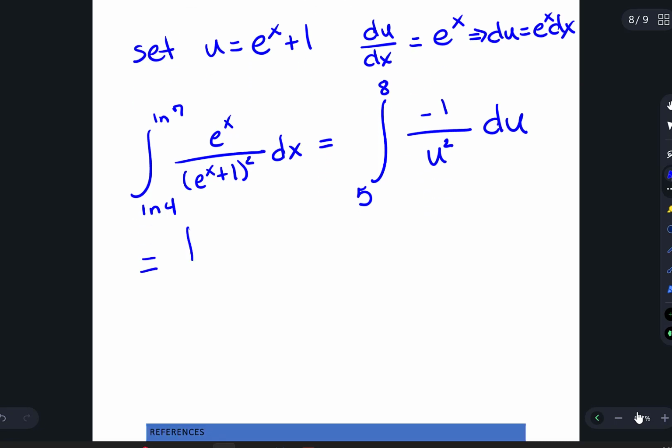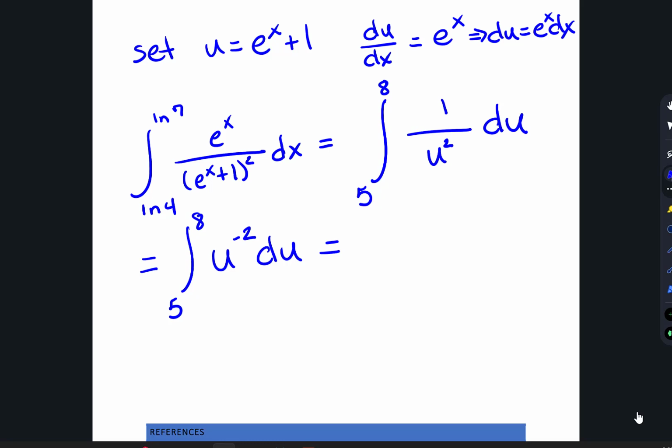To make this a little bit easier on myself, I'm just going to write this as the following. There should not be a negative sign there, that's just 1 over u squared. And now I can apply that reverse power rule that we have seen before.